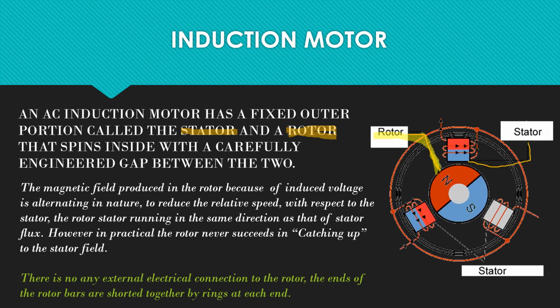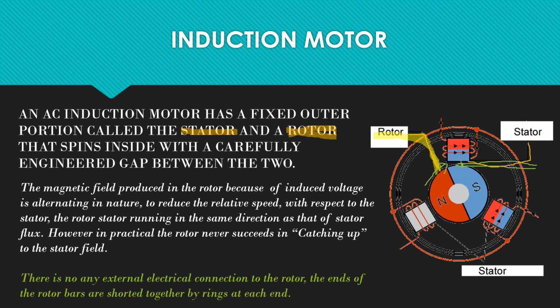How does this rotate? It basically rotates because there is an engineering gap between both of these. You can see there is an engineering gap in between, so that both of these get an air gap and the rotor can move freely.